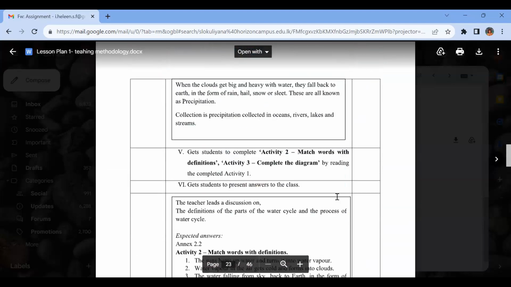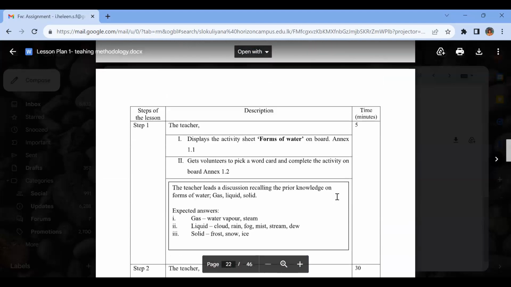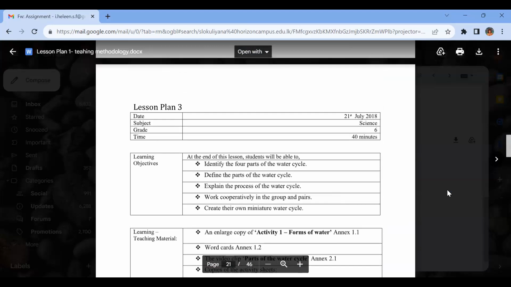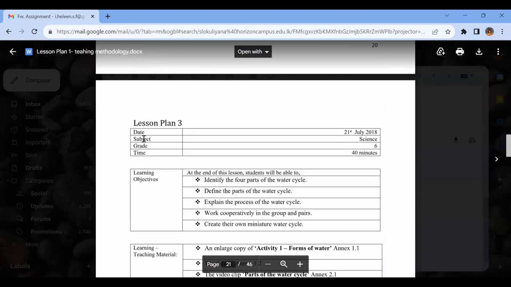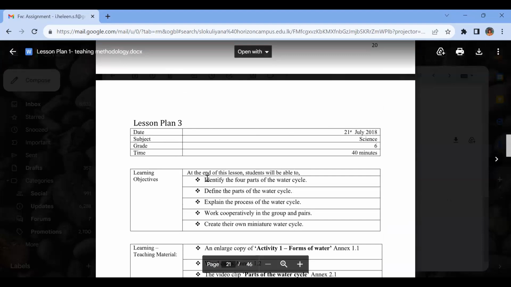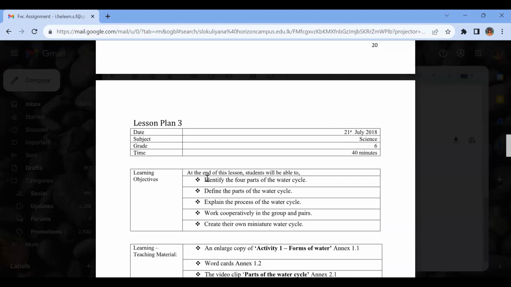So let's look at this. This is the lesson plan format. Here, look at this. What is the first one? Date of the lesson. So now you can start writing it in your paper.